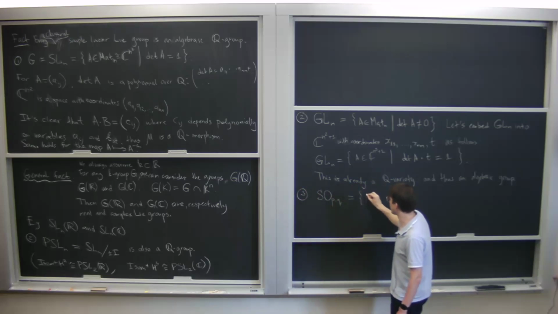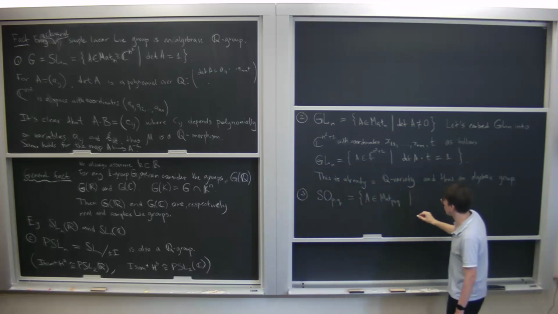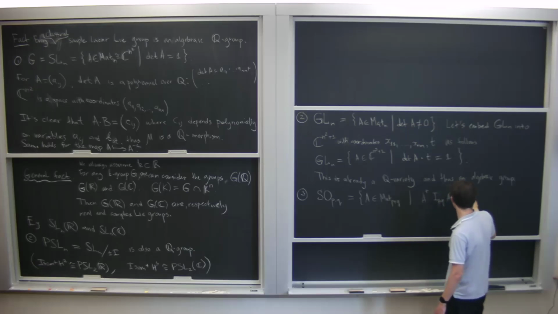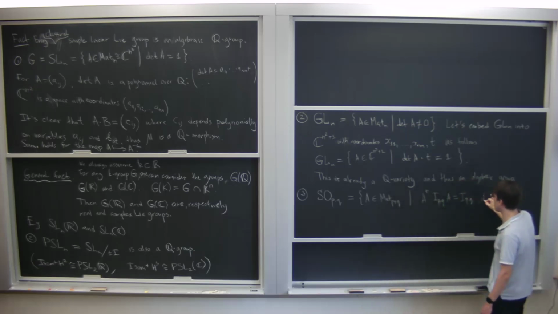This is a group of matrices of order p plus q such that A transpose I_pq A is equal to I_pq, and the determinant is equal to 1.